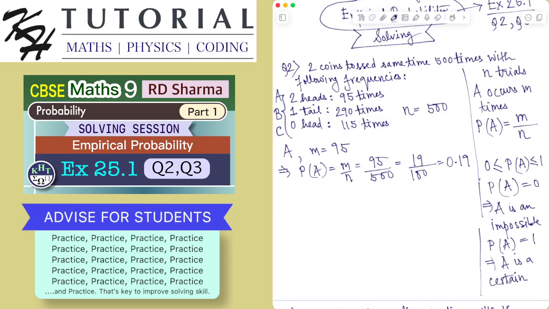Okay. So now let's see for the event B, m, that is the number of times the event B occurred. By event B I mean one tail, is given to be 290.